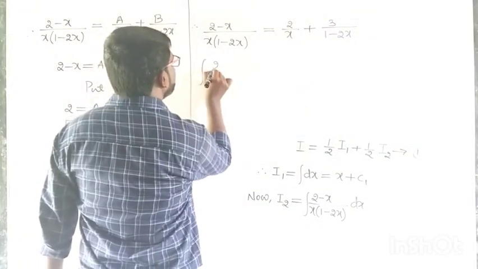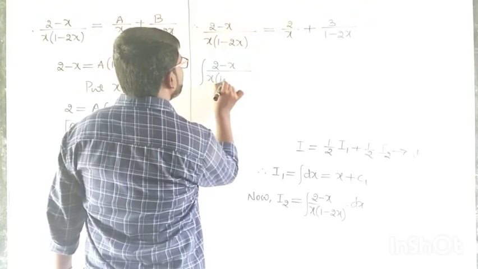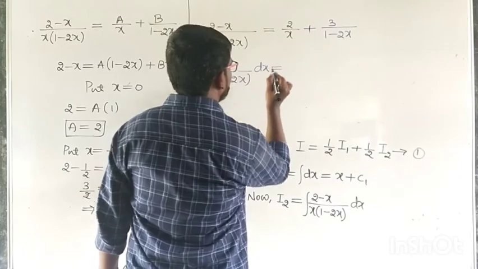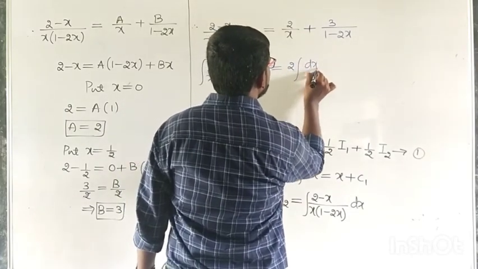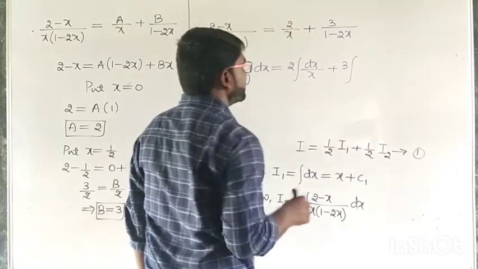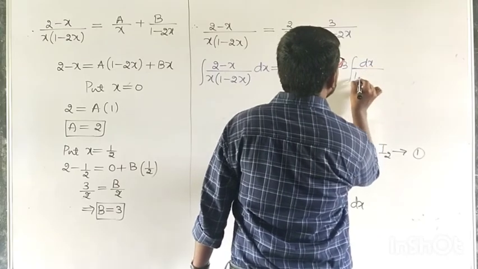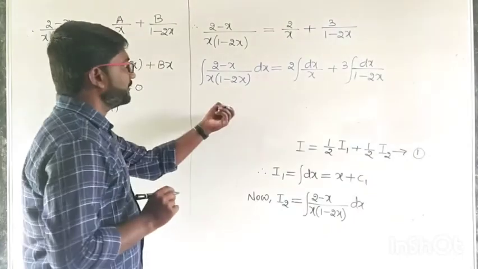So we get the integral of (2 minus x) divided by x into (1 minus 2x) dx, which equals, 2 is a constant, I write it outside, we get dx by x, plus 3 is a constant, write it outside, we get dx by (1 minus 2x). So now what is this?